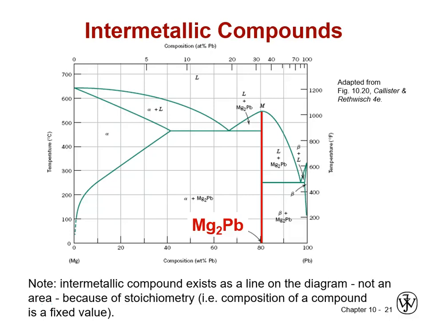So those lend a little bit of complication to the phase diagram, but if you think about them as a single phase region and a sort of pseudo-constituent, component, that makes it a little bit easier. These are very valuable from the standpoint, especially, of high temperature properties. So if we take a look at some things like high performance nickel superalloys, you'll see several of these in the diagrams. But there are many metal systems that form these. And a ceramic phase diagram will consist almost exclusively of these. So you will see them.